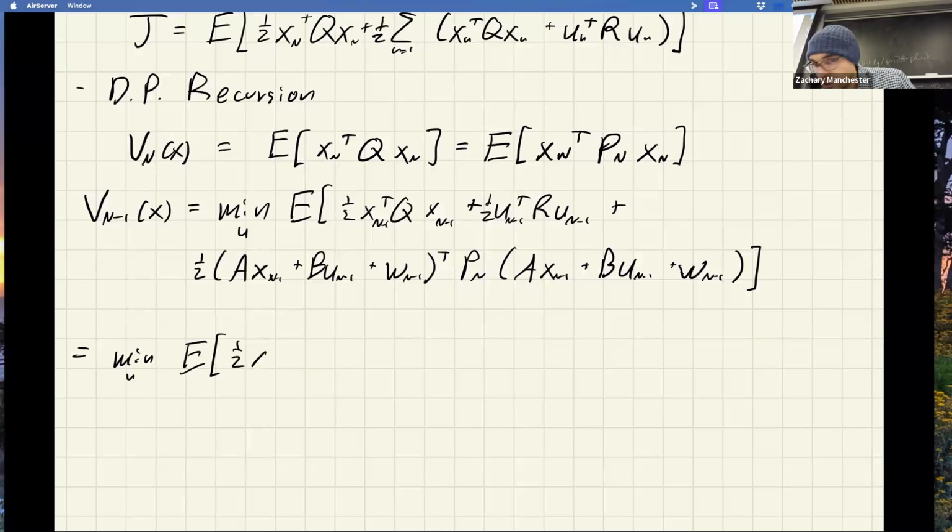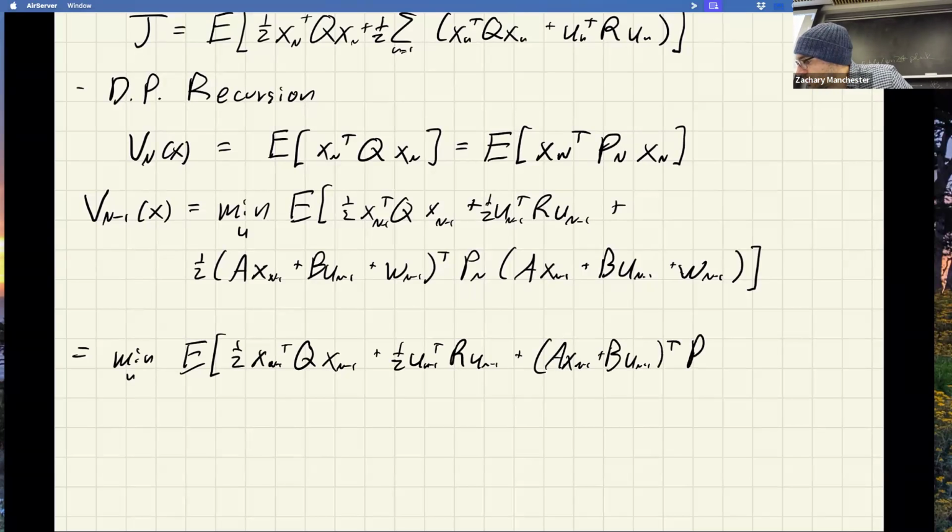We've got this set of things, then we have A plus BU, and then A, U. Expectation is linear, so I can split it up and write it into expectations.